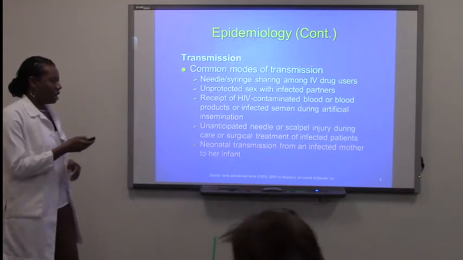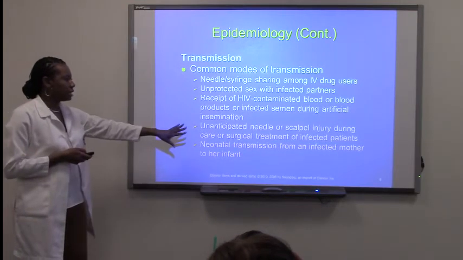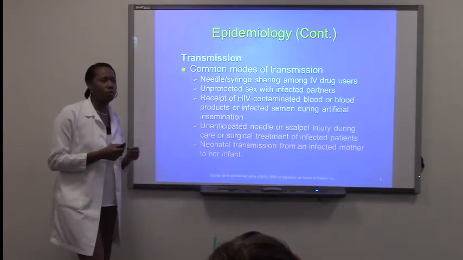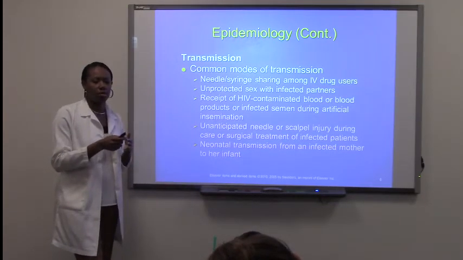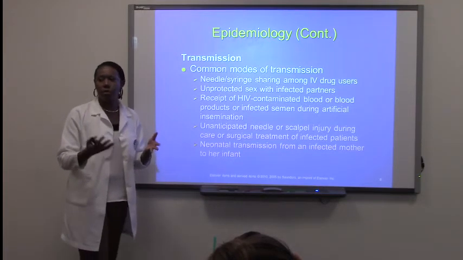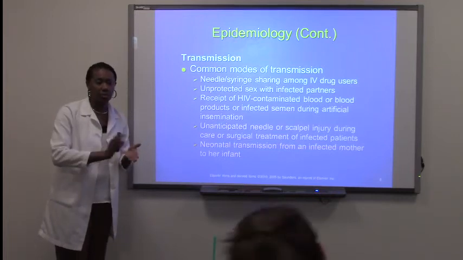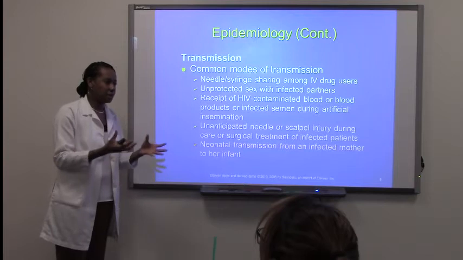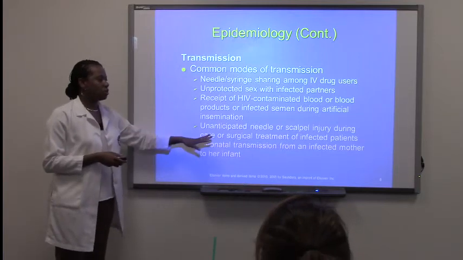And then there is unanticipated needle or scalpel injury. I will go over the protocol you should follow if you are working in an environment where you unfortunately get stuck with a needle from a patient who may have HIV-infected blood. So we will go over that.